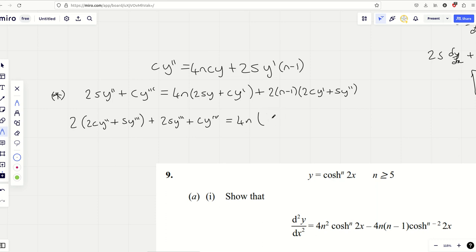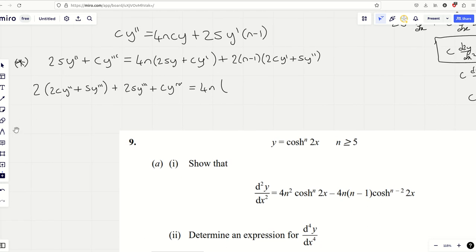And then we're going to have, slightly annoying, we have to do so many repeated product rules here. I suppose maybe I should have tidied it up, but that's what you get. Okay, 2s is going to go to 4c y, and then you're going to have plus 2s y dash plus 2s y dash plus c y double dash, and then lastly 2n minus 1.